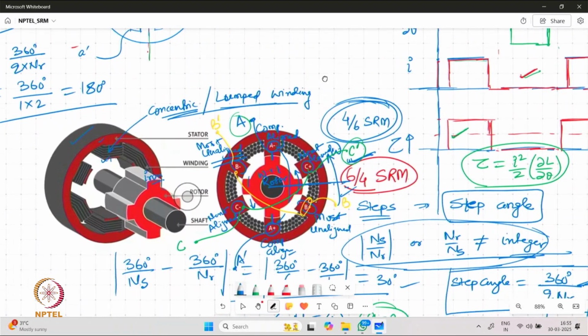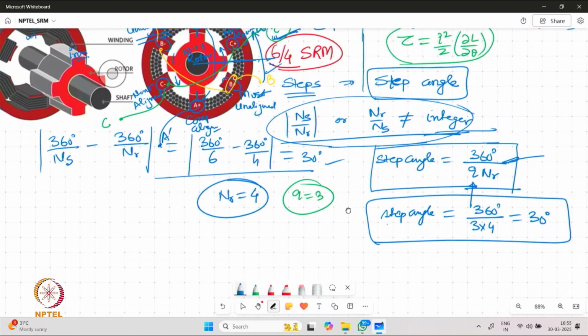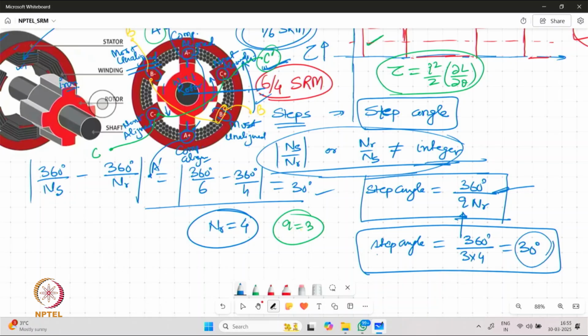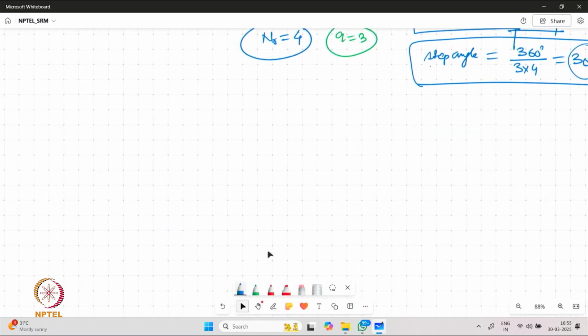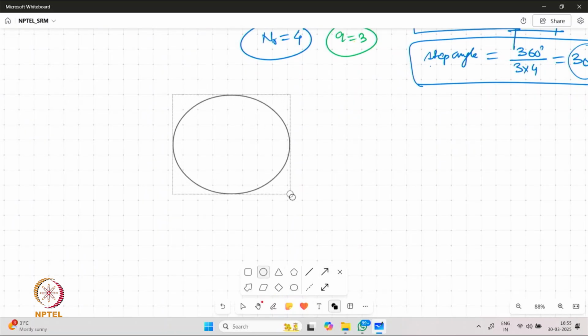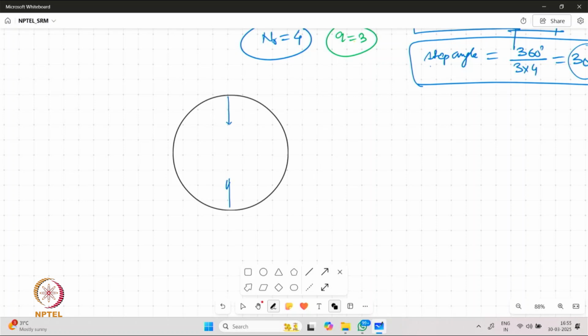Whereas a more practical machine will have smaller steps, for example 6 by 4, which has a 30 degree step angle. We can have more complicated structures. For example, we can look at machines which have an 8 by 12 pole structure.